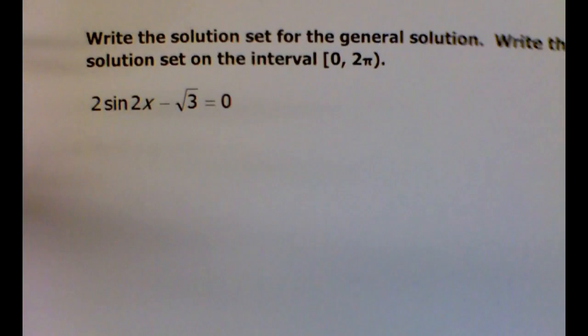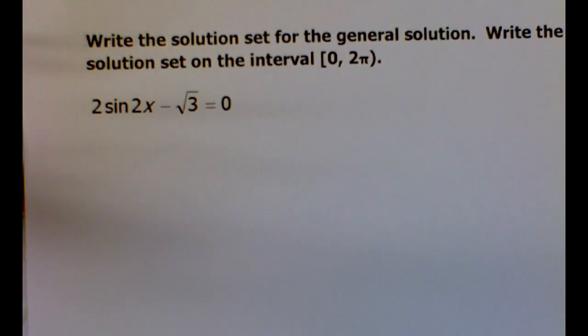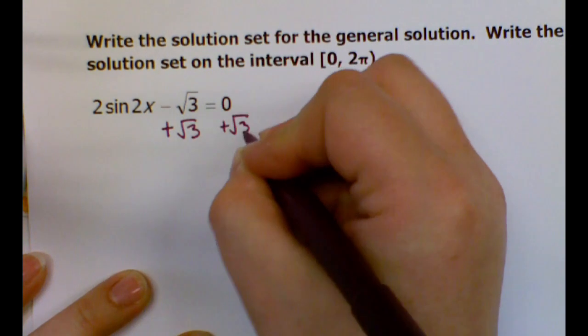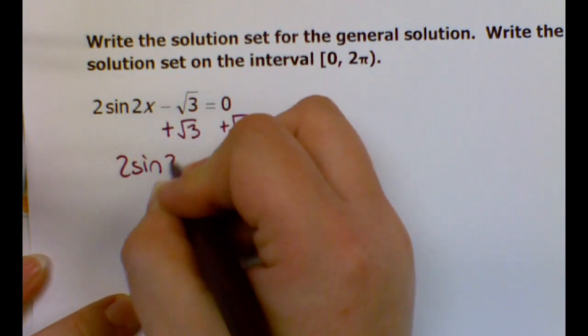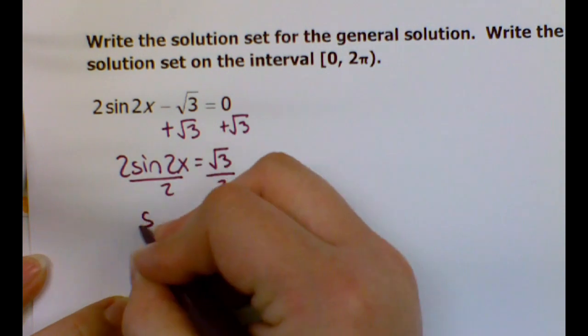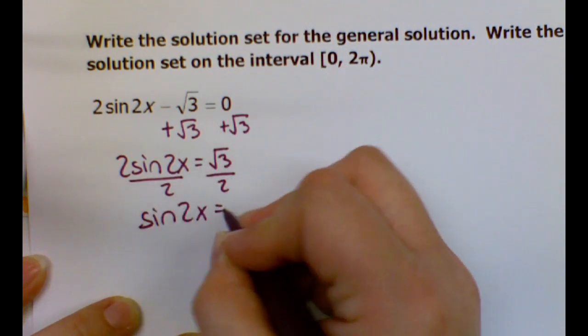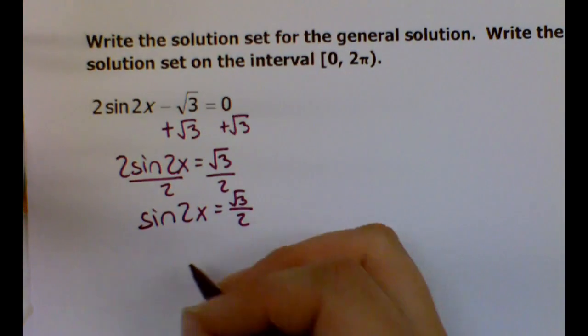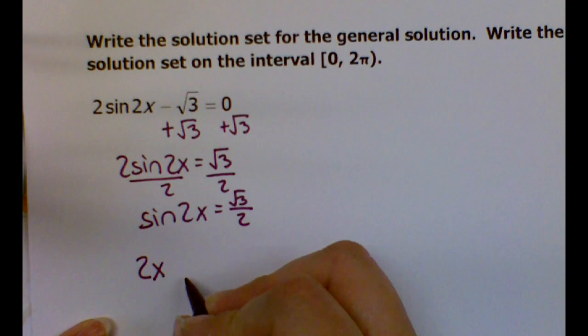All right, we are going to write general solution and specific solution, but now we have sine of 2x. Start off the same way, get that sine alone. Divide by 2. All right, now I would go for the general solution first.